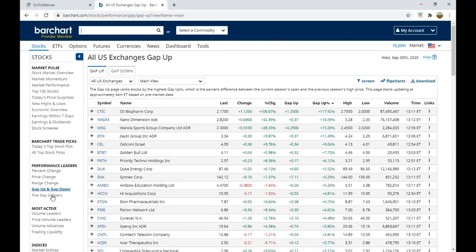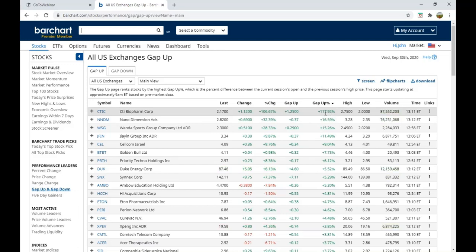What this page does is identify gaps in these different stocks, and it lays it out for us based on the last price, the change, percentage change, and how much it gapped up in price value, and it sorts it by the size of the gap in terms of a percentage.